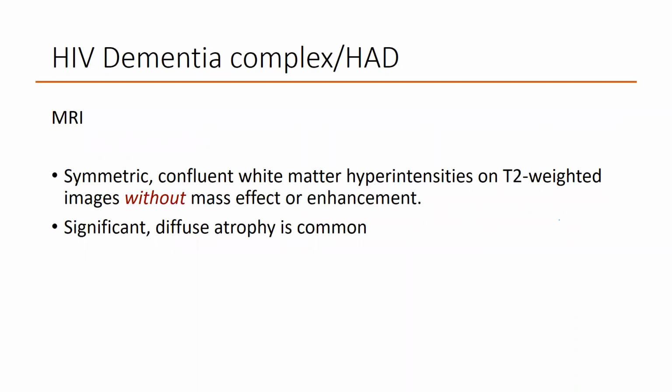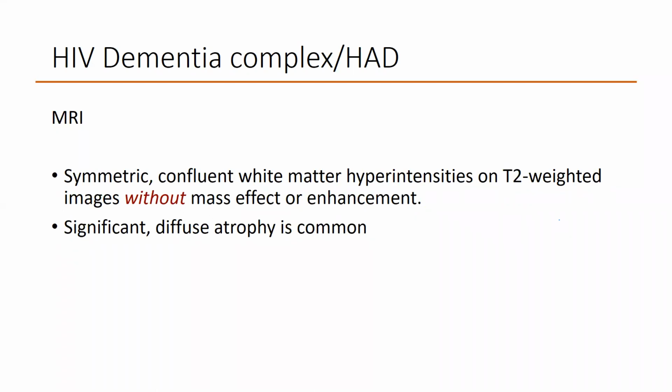The important thing to keep in mind is that there will not be any mass effect and there will not be any enhancement. If you start the patient on treatment and then do the MRI, and there is enhancement of the subcortical white matter hyperintensities, what is the diagnosis?